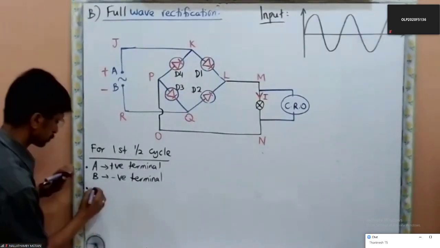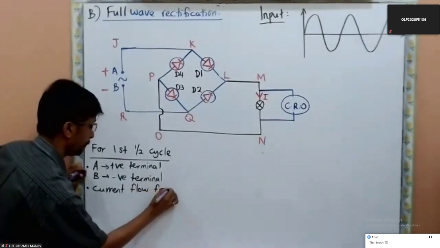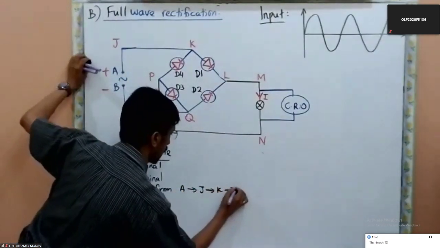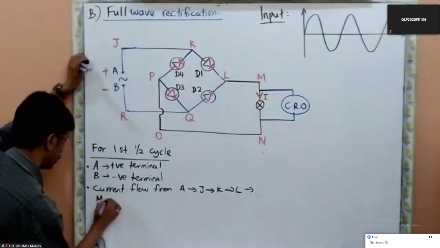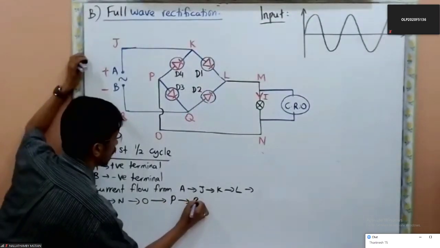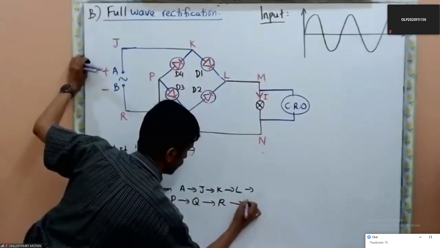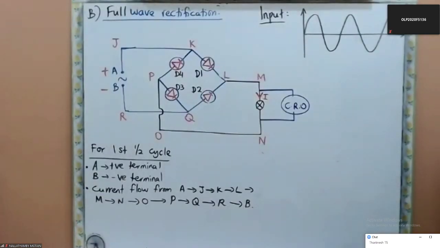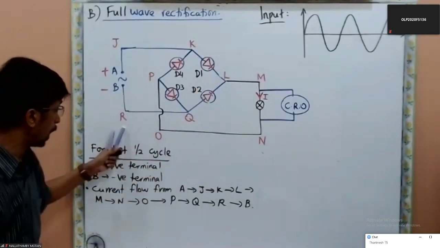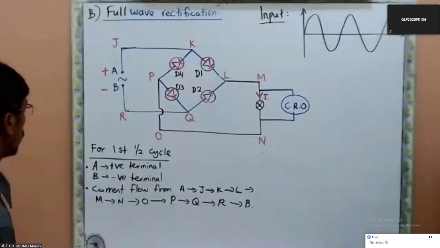So we write over here: current flows from A to J to K to L to M to N to O to P to Q to R, then completes at B. At this moment, what happened?